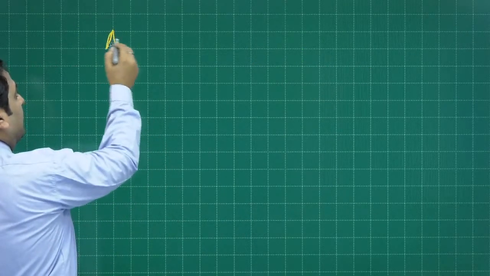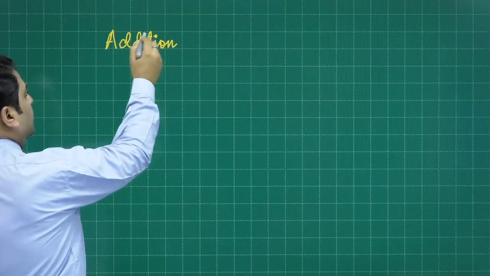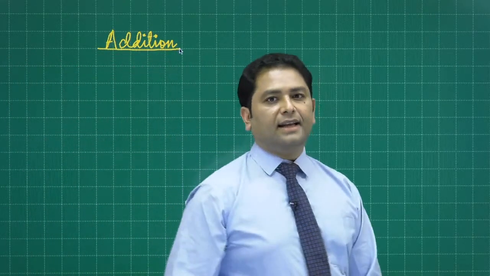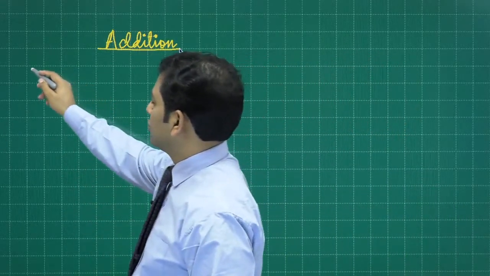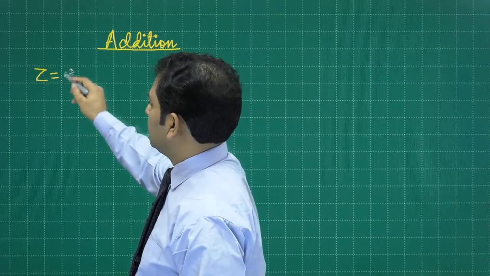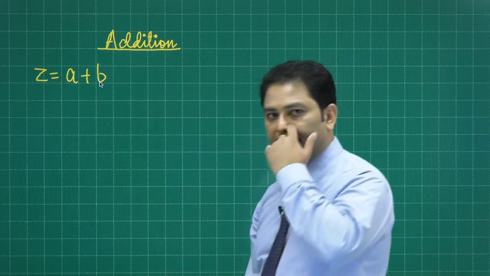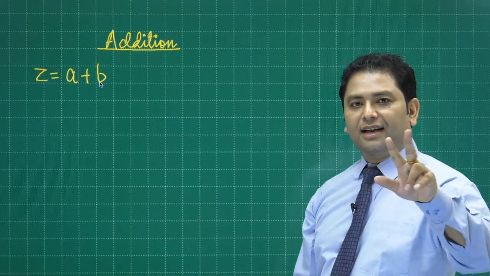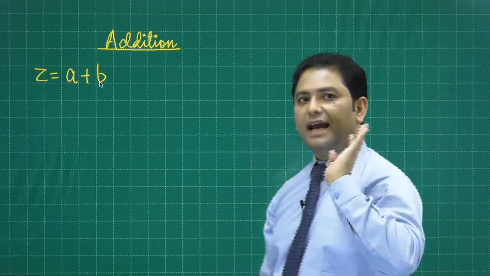So let's see how error is propagated whenever we are adding two quantities. Say you are adding two quantities, Z equals A plus B. Now remember, quantities are added and their corresponding errors would also be added.